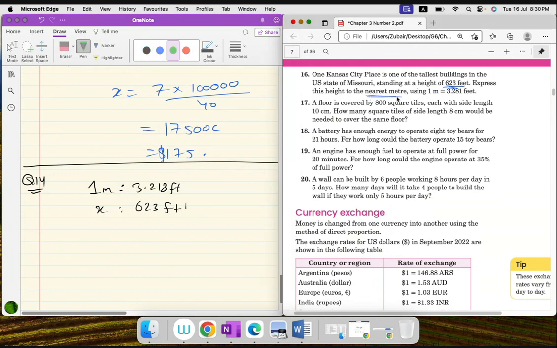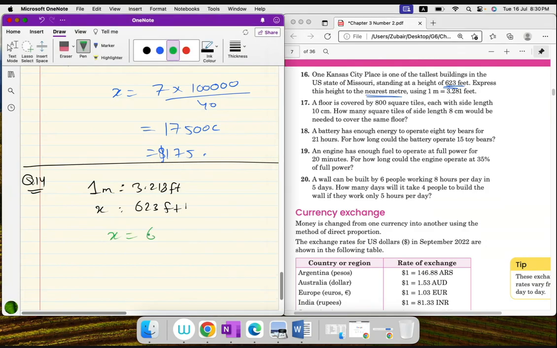And we have to convert it to the nearest meter. I'm getting 193.59, which is 194 meters.